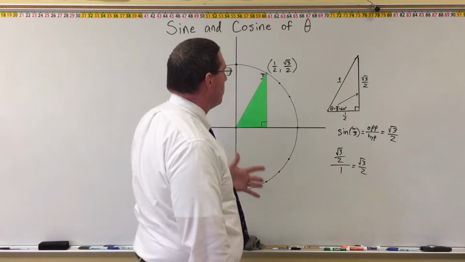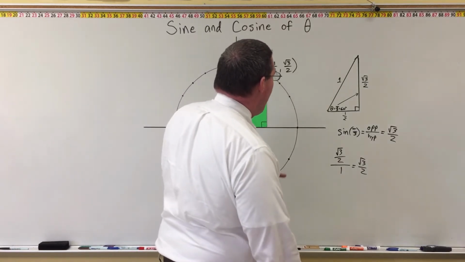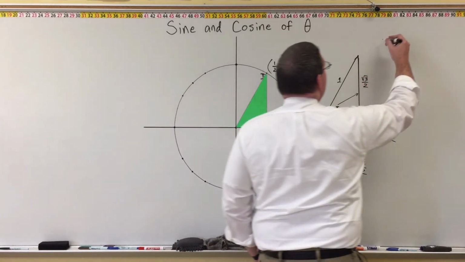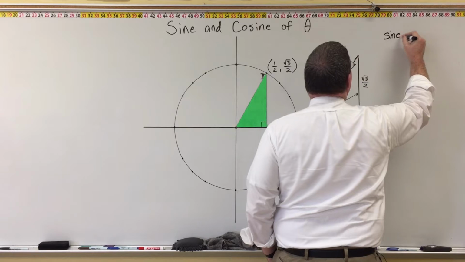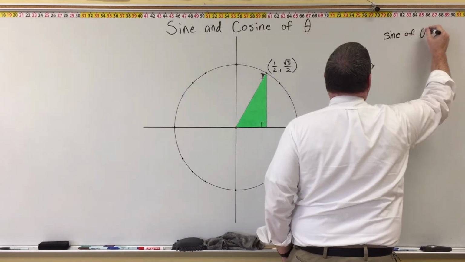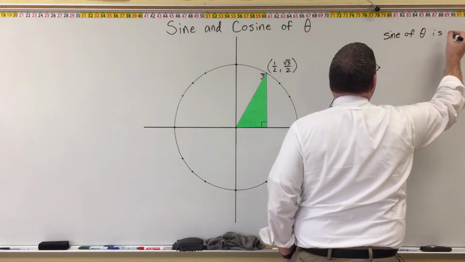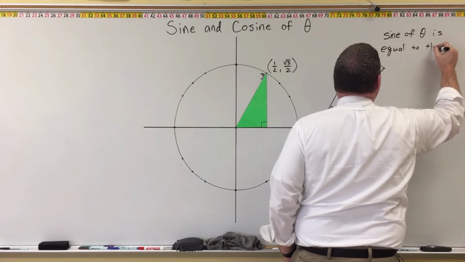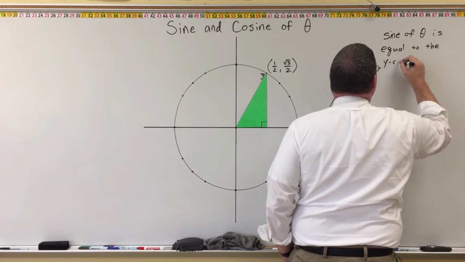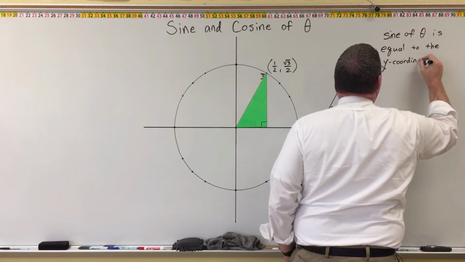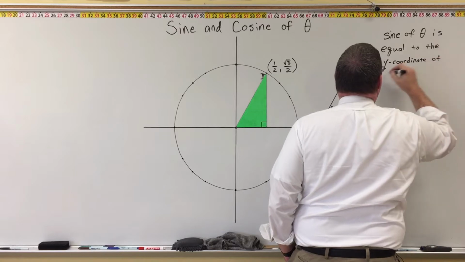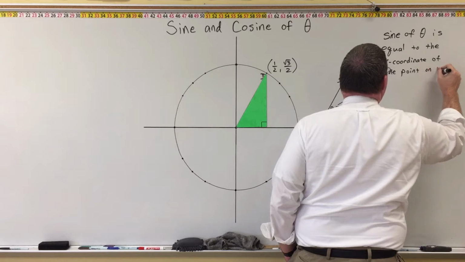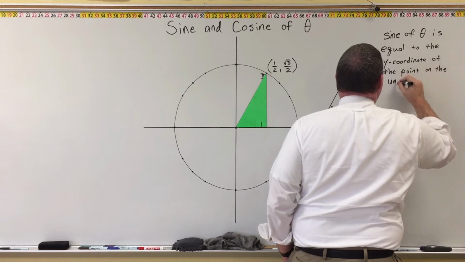And here's basically what I'm trying to say: the sine of any one of these angles, whatever angle theta is, is equal to the y coordinate of the point on the unit circle.